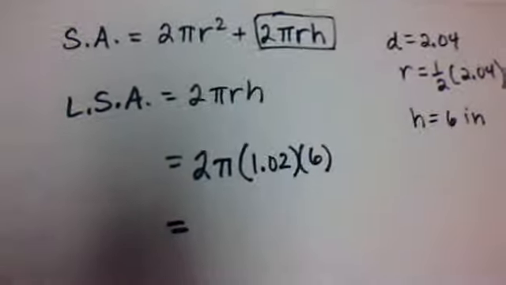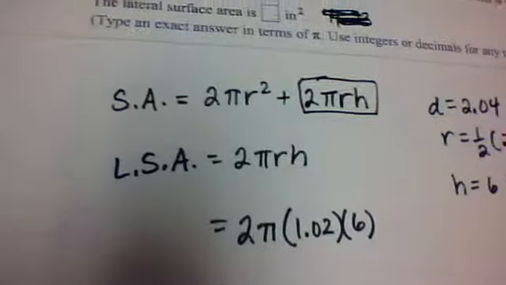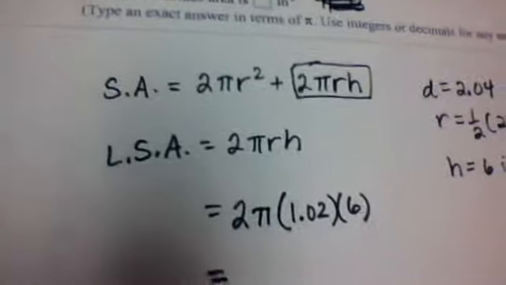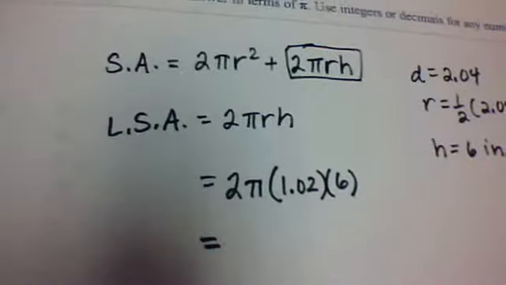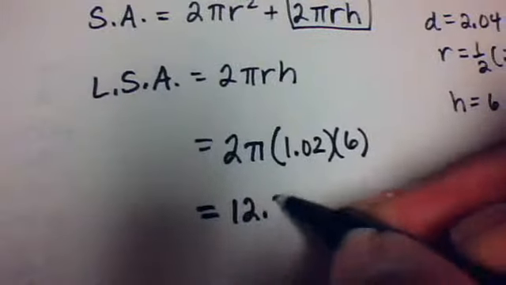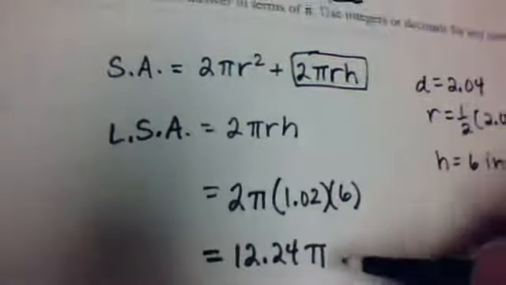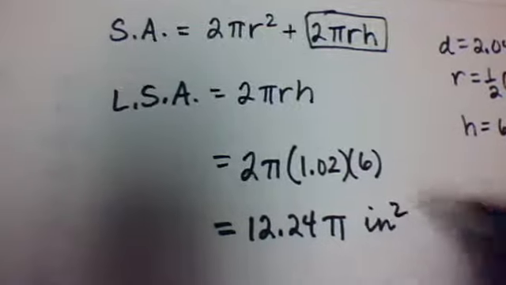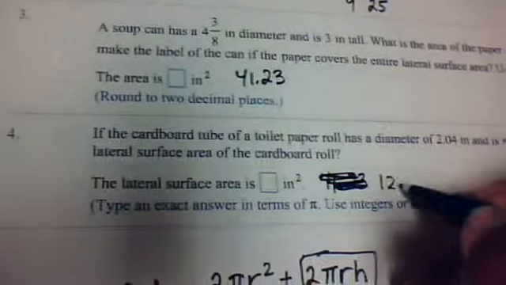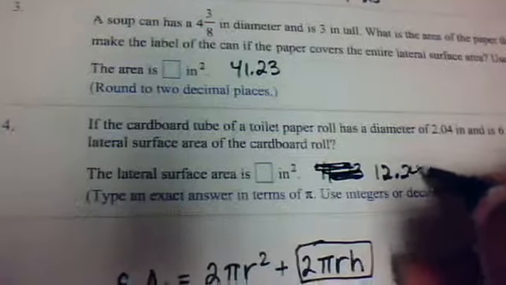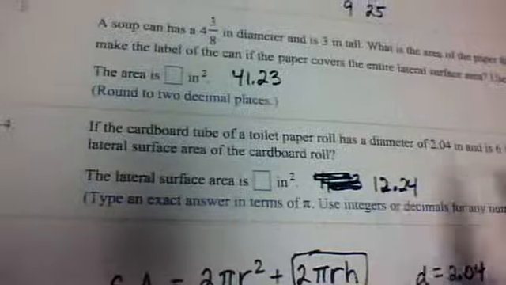Now we're told to leave the answer in terms of pi, so all we do here is 2 times 1.02 times 6, which will give us 12.24. So it'll be 12.24, and we bring down the pi, and it will be in square inches. So in this case, the lateral surface area in this problem will be 12.24 pi square inches.